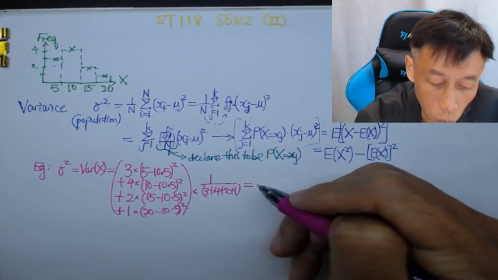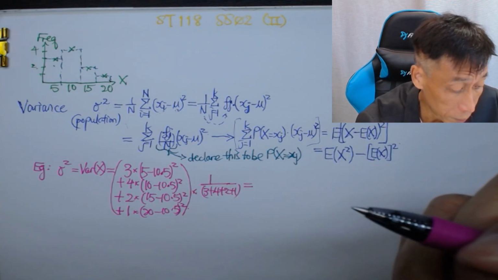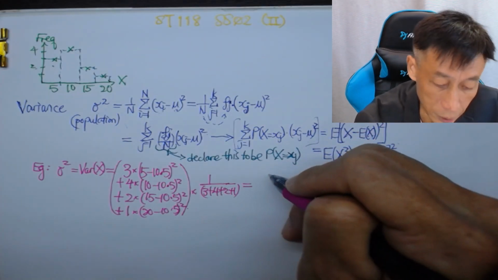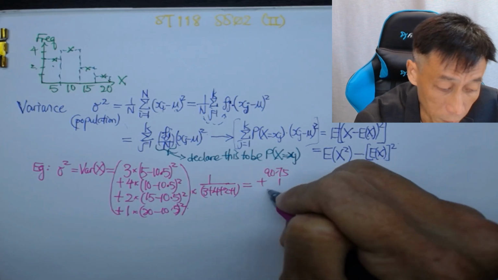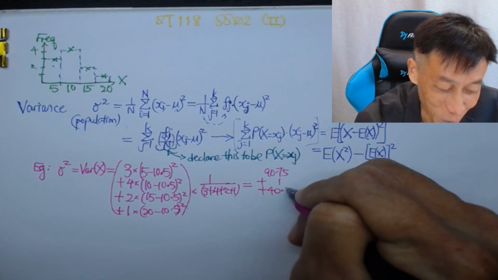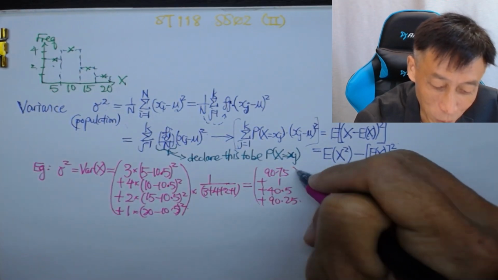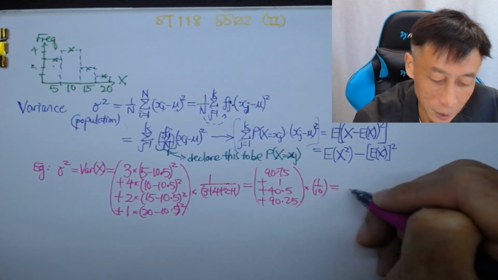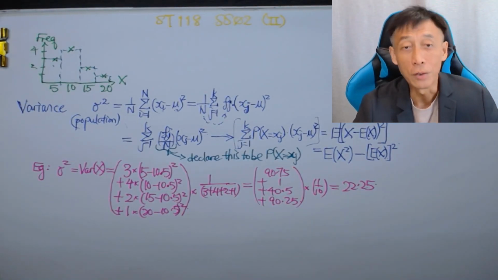So if you do the calculation, you should get something like 90.75 plus 1 plus 40.5 plus 90.25, this whole thing times 1 over 10. So the answer is 22.25. So far, so good.